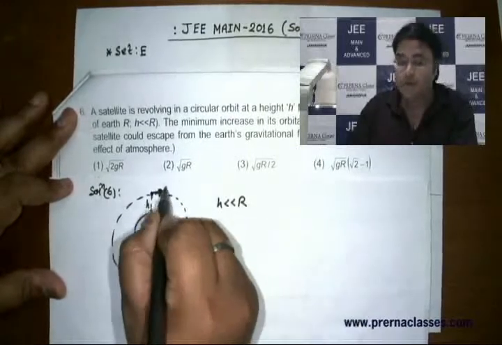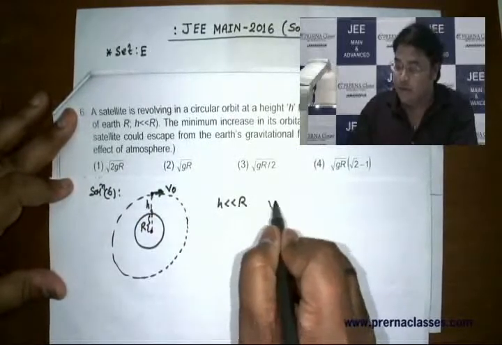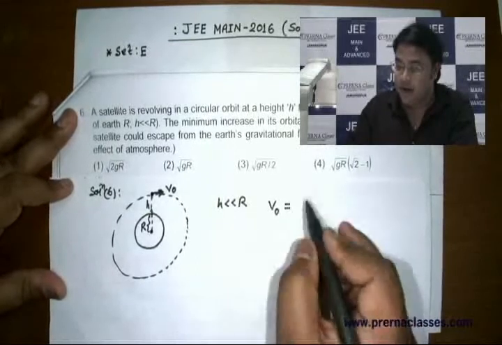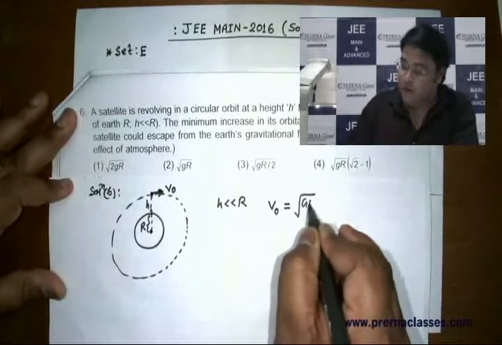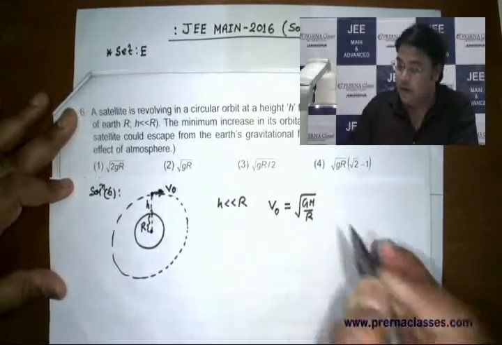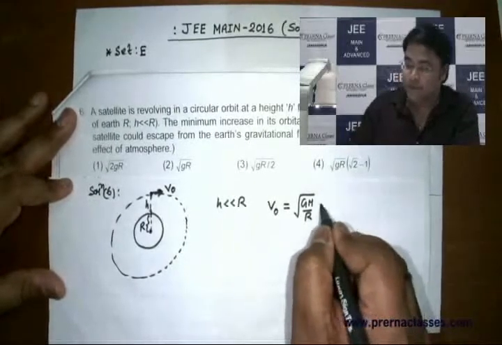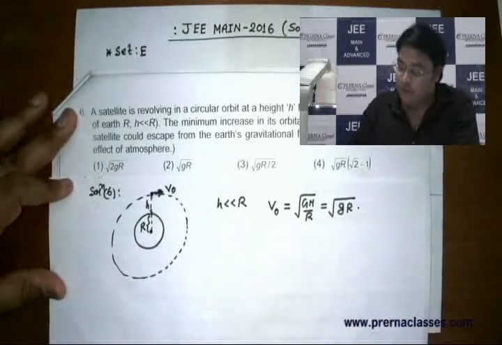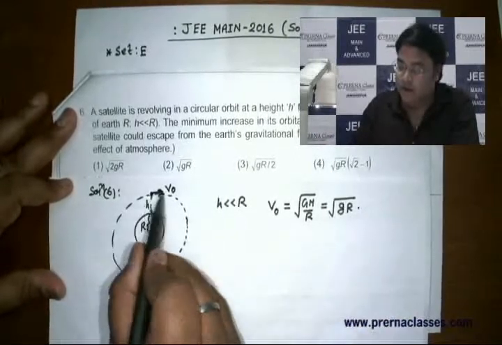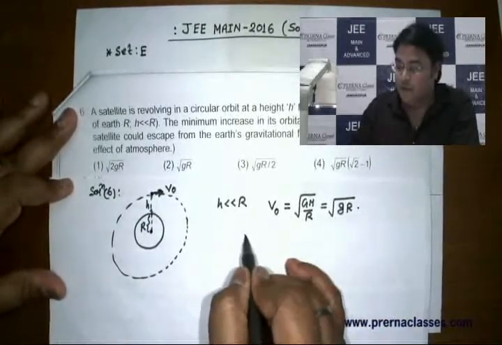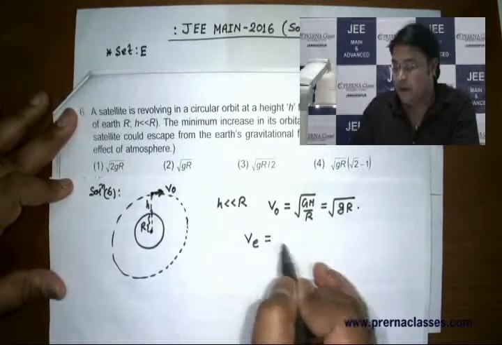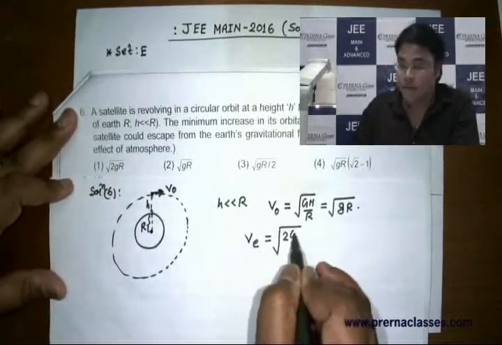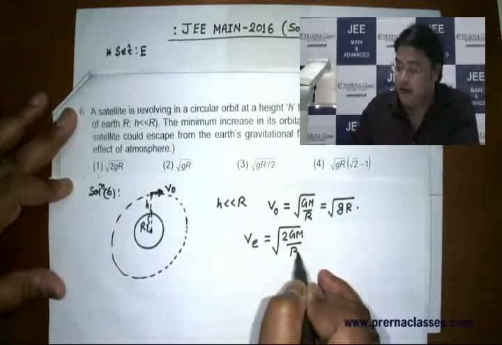So V_O equals the square root of GM by r. Clear? Or you may write it as the square root of Gr. Also we know, if you want to escape from this position, the escape velocity is equal to the square root of 2GM by r, or root 2 Gr.